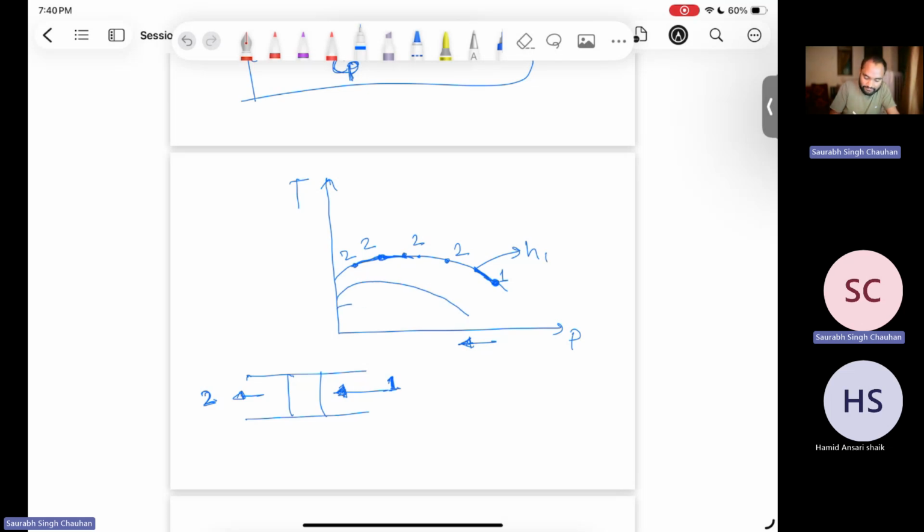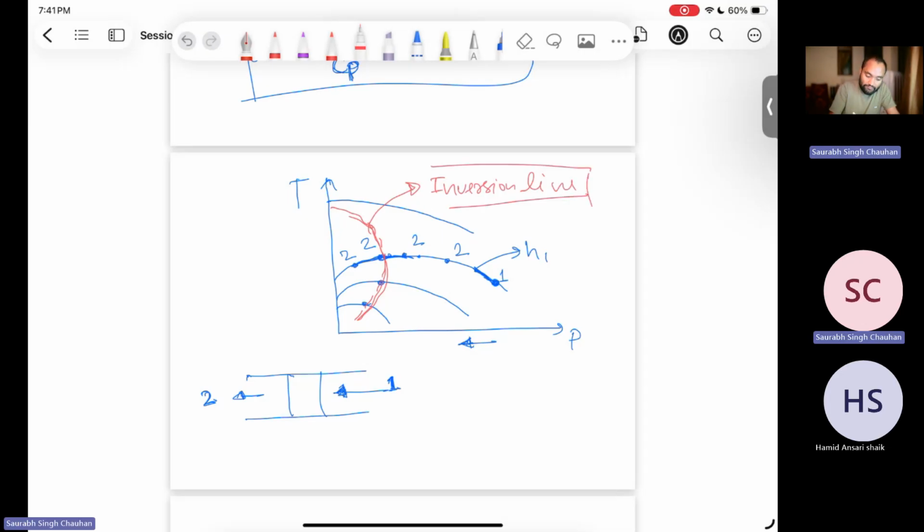Like that, and you can join these points of maximum values. These maxima points are basically called inversion points, and the line that joins all these inversion points is called the inversion line.